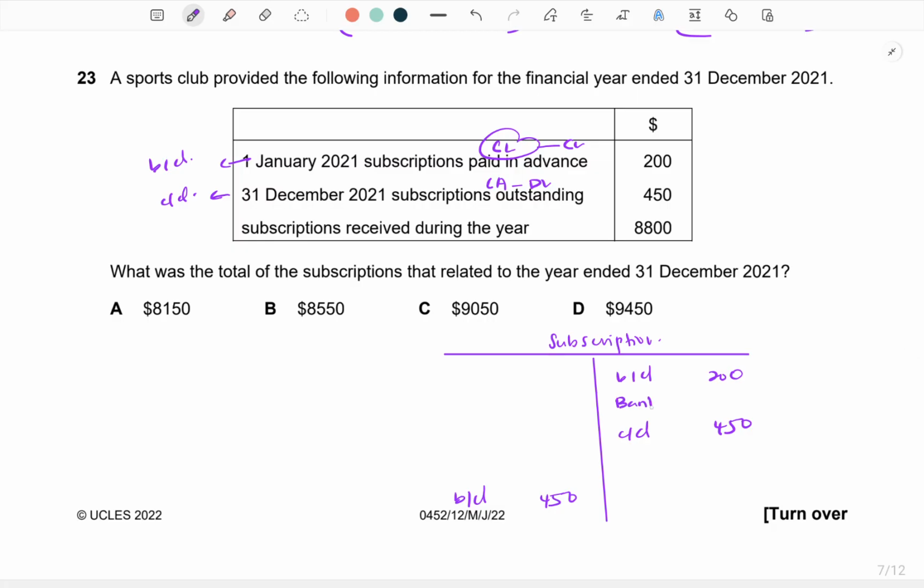You can put the detail, bank 8,800. You plus all of this and transfer it to the income and expenditure account. So 200 plus 8,800 plus 450 gives you 9,450. The answer is D.